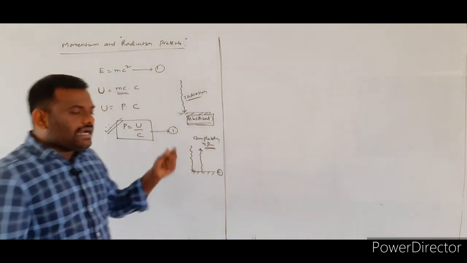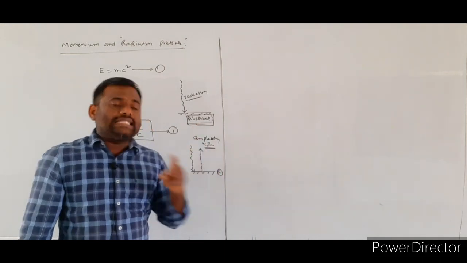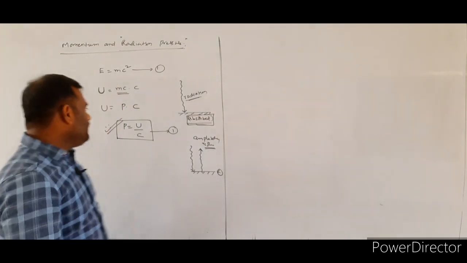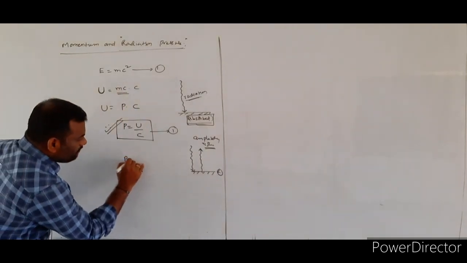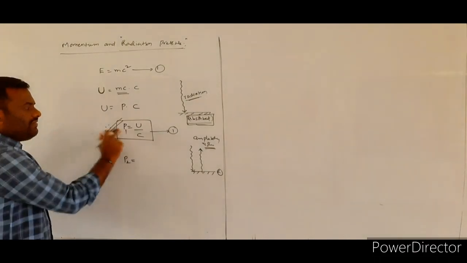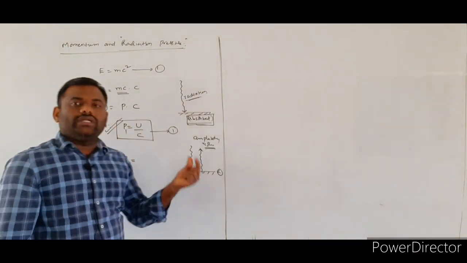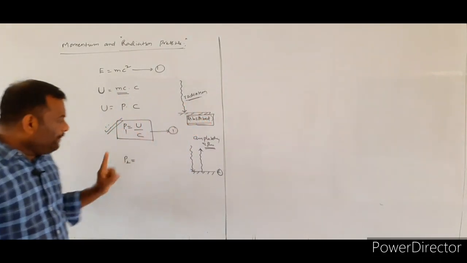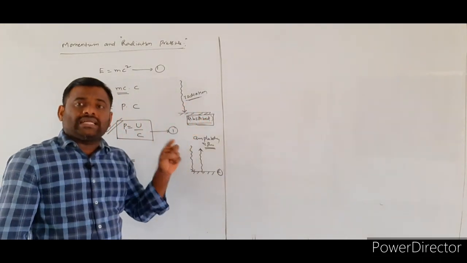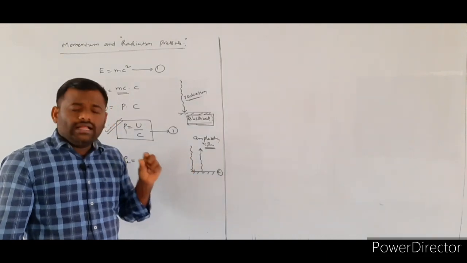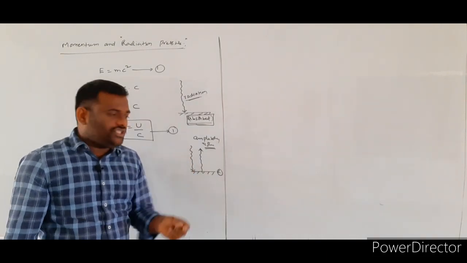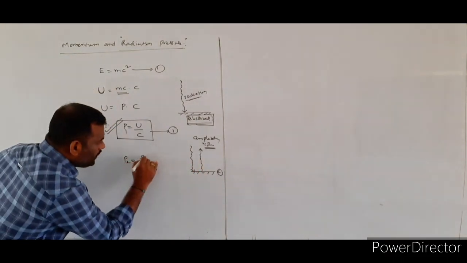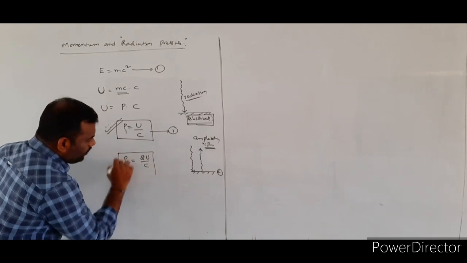In this case, the amount of momentum transferred from the radiation to the surface, let it be P2, this is P1. So P1 is the momentum transferred when the radiation is completely absorbed by the surface, and P2 is the momentum transferred by the electromagnetic radiation to the surface, given by P2 is equal to 2U by c.